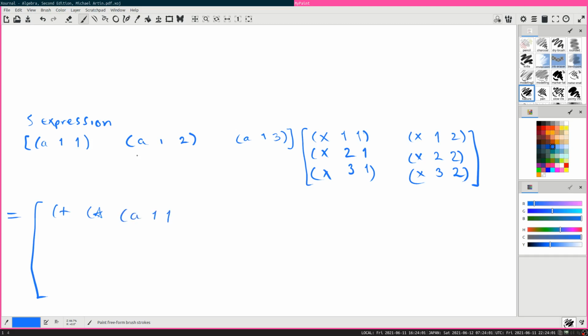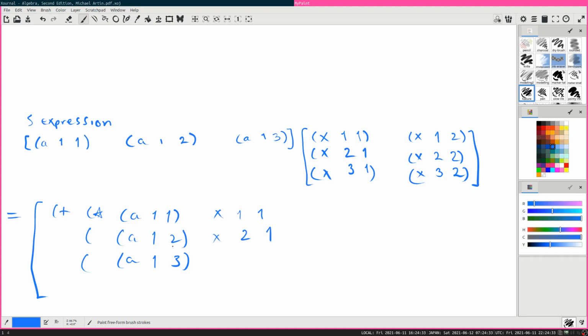1, 1. So I'm copying this matrix here, and I'm going to do it vertically. A, 1, 2, and A, 1, 3. Times this column. So I'm going to copy the column. X1, 1, X2, 1.